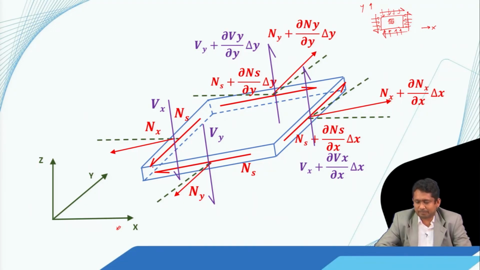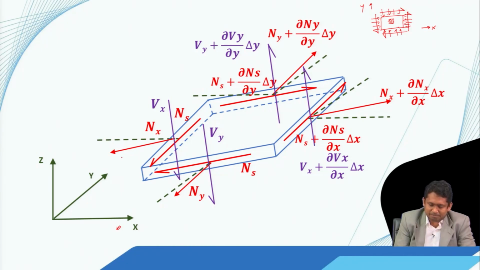Because of this, they have a component along the x axis or y axis, as well as along the z axis. For example, if we look here, this is Nx, that means at the negative x face. Here the normal force is Nx, and please understand these forces are force per unit length.